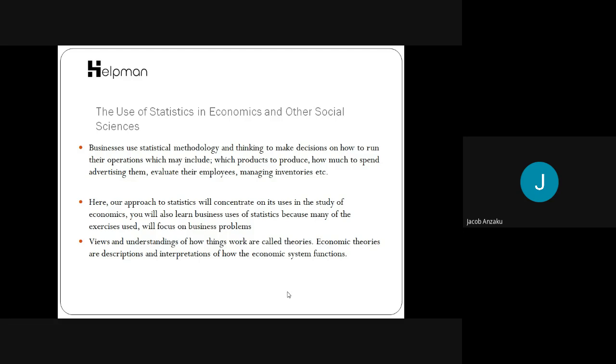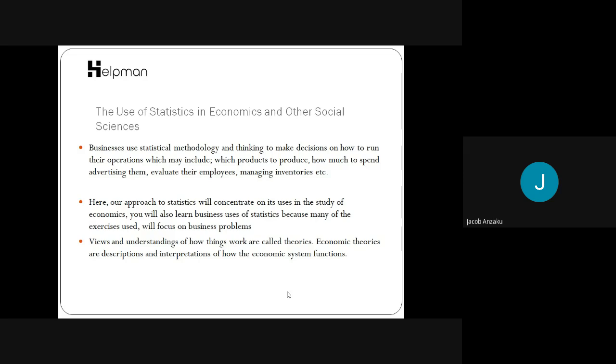Now, here, our approach to statistics will concentrate on its uses in the study of economics.